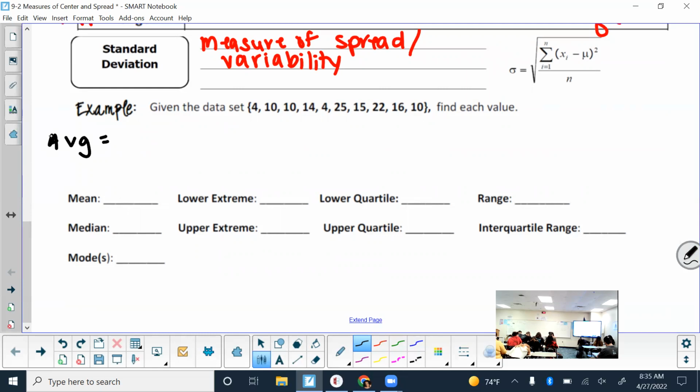So take out your Chromebook or calculator, whatever you use to calculate things. All right, so what is the sum of those values? Anyone get something different?